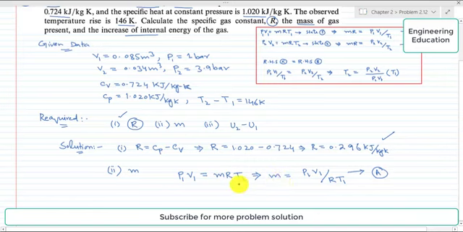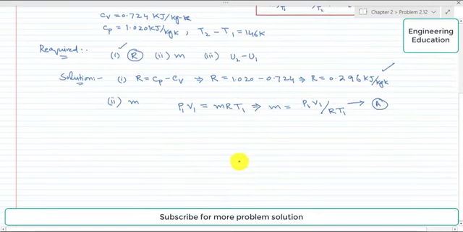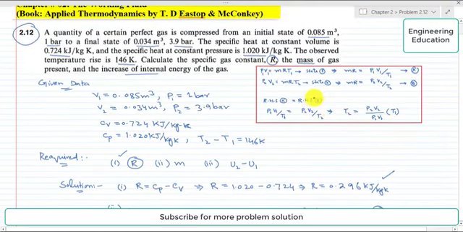So let's first find the value of T1. For that we will need state equation 1 and state equation 2, just like in previous problem 2.11.